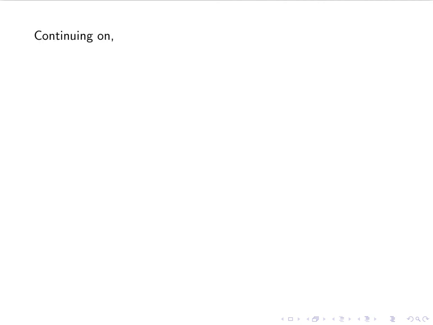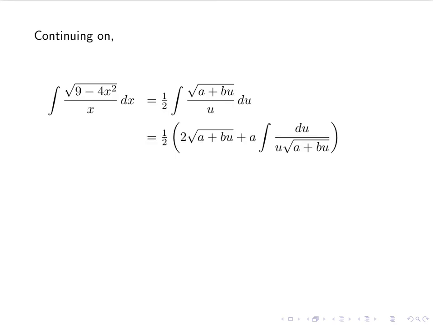So again, we continue on with our integration. We have, according to the table, number 7 gives us the 1/2 from before, then 2 times the square root of a plus bu plus a times the integral of du divided by u times the square root of a plus bu. And this integral here is exactly number 6 from the table. So in order to integrate this, we're going to use number 6.